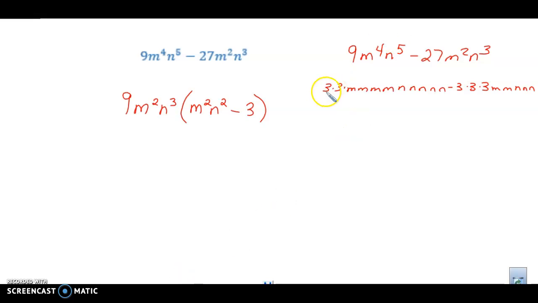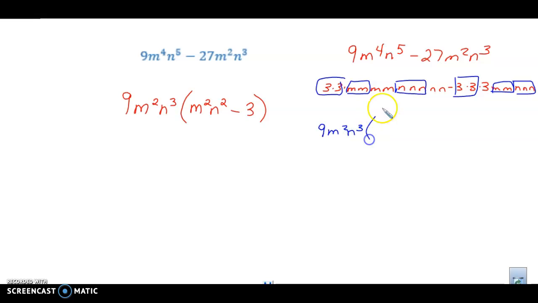All right, so I have in common 2 3s, and I have 2 m's, and then I have 3 n's. 1, 2, 3. So I have 9 m squared n to the third power times what I have left. I have 2 m's and 2 n's, minus I have a 3, and that's all that's left there. Either way, it really doesn't matter which way you choose if you can see it.